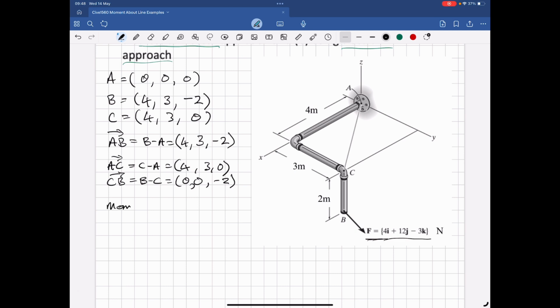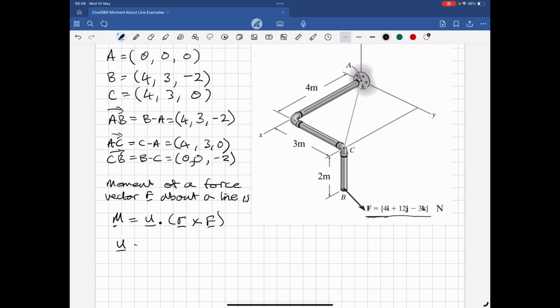So I'm going to say moment of a force vector F about a line is, so the moment is equal to the unit vector dotted with a cross product of R and F. So let's say u is the unit vector in the line.